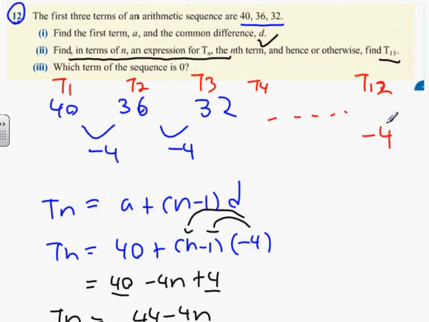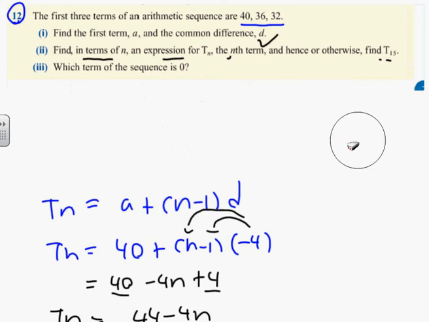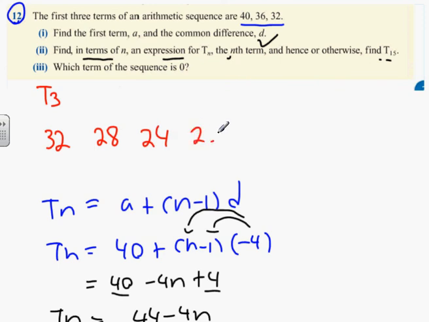Now here's the other question. What the other question is asking you is, if T3 is 32, how far do I have to go until one of these turns into 12? So T4, T5, T6, T7, T8.